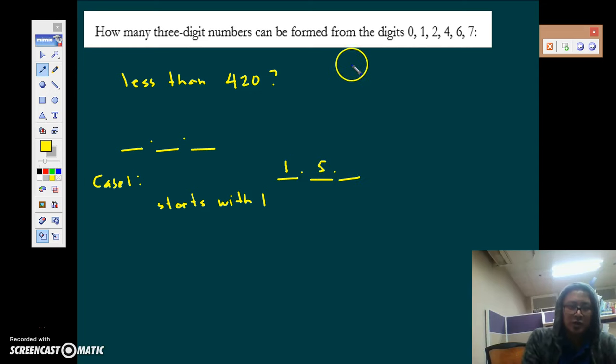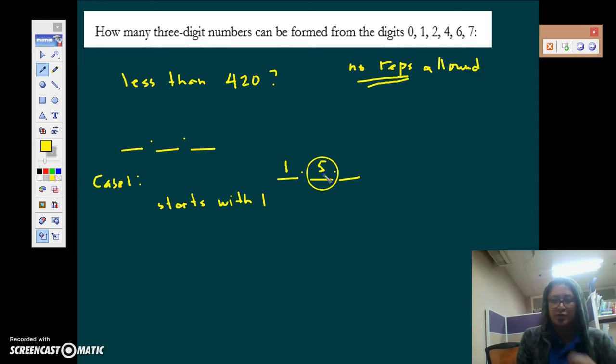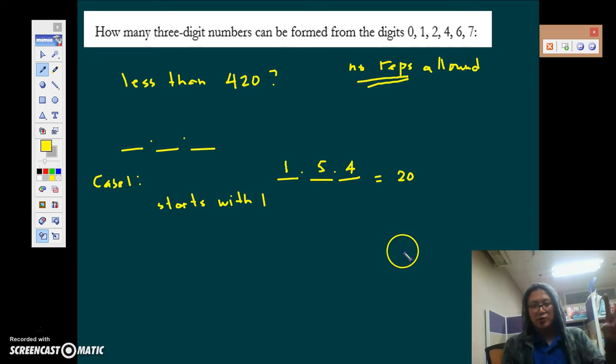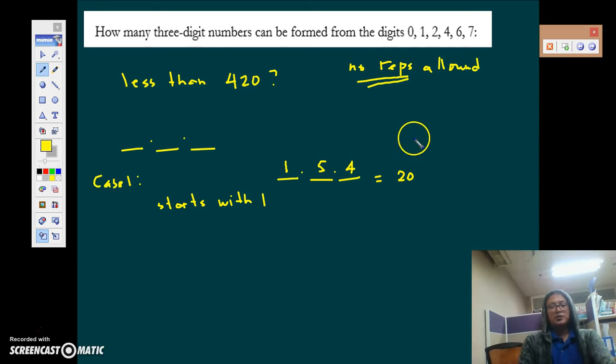Again, let's answer this with the condition that no repetitions are allowed. So we have chosen the tens digit, so 4 would now be left for the units digit. So there are 20 numbers that have the hundreds digit as 1. I'll name some: 102, 104, 106, 107, 121, 120, and so on. There are 20 of them.